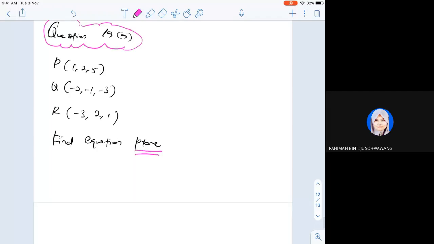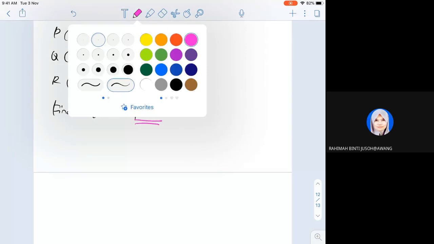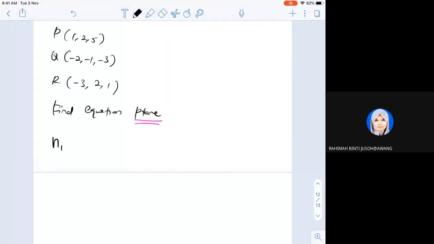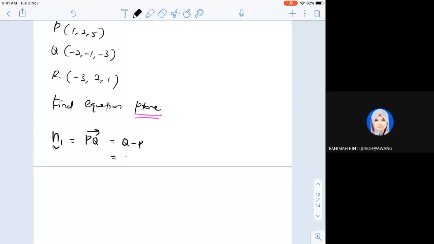Okay, guys. When you have these 3 coordinates, you should find the normal vector. So we need to find the normal vector of n1 is equals to a vector from P to Q. Okay, so Q minus P. Therefore, we have -2, -1, -3 minus coordinate of P is 1, 2, 5.